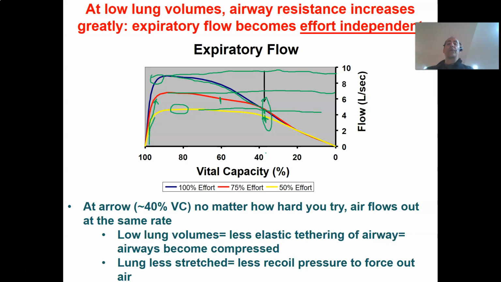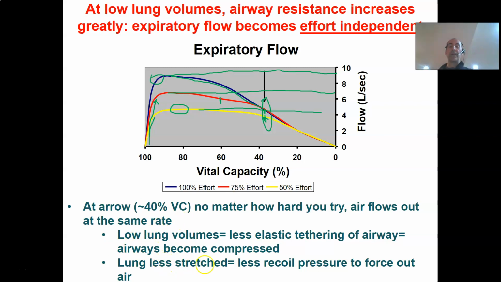So under normal circumstances when you expire, there's a recoil effect of the lungs, and the tethering is starting to loosen up. So you don't have as much tethering holding the airways open, and so the airways start to become compressed. You increase resistance to flow because there's more friction.